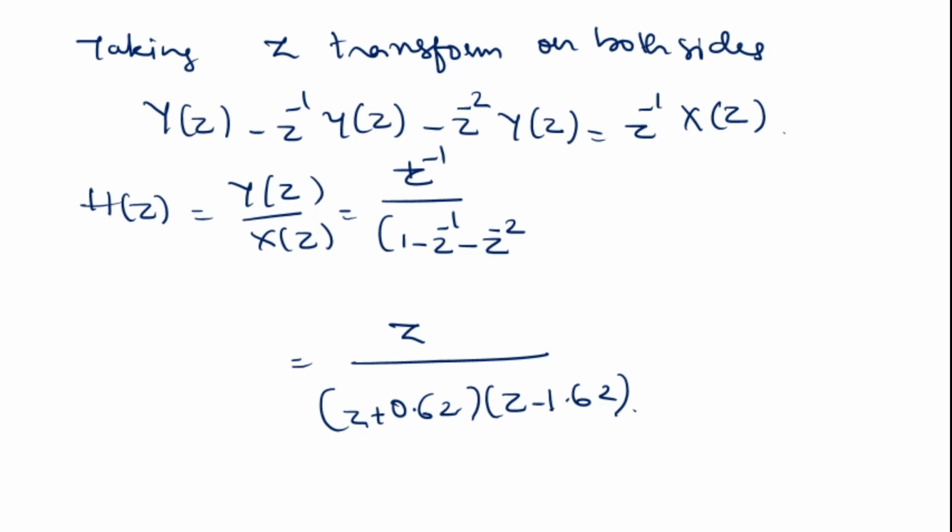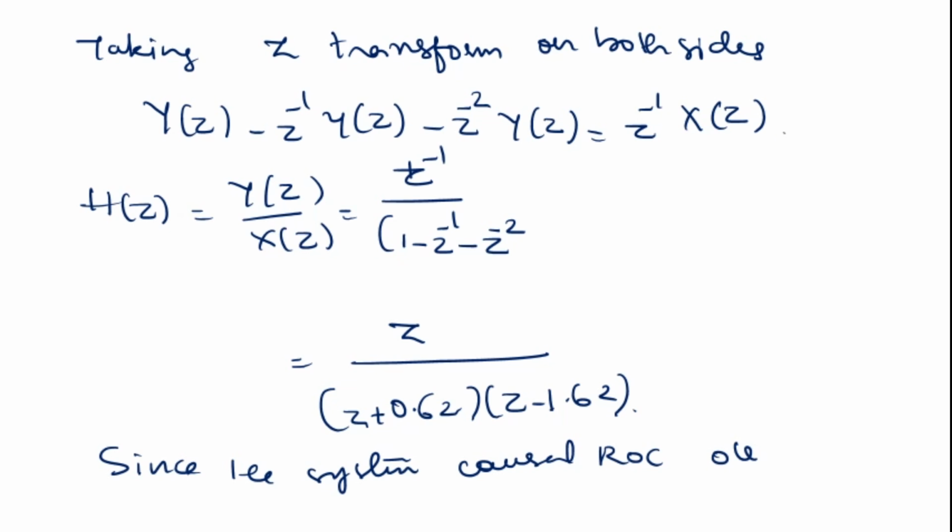Since the system is causal, ROC must be outside the outermost pole, that is z is equal to 1.62.